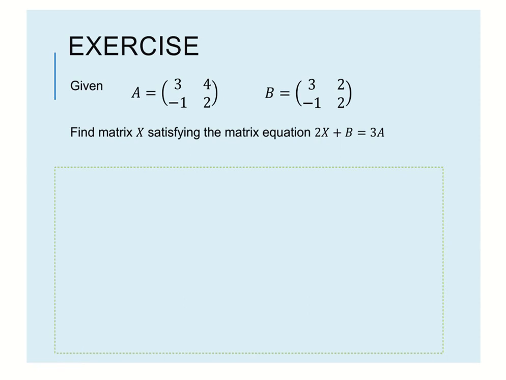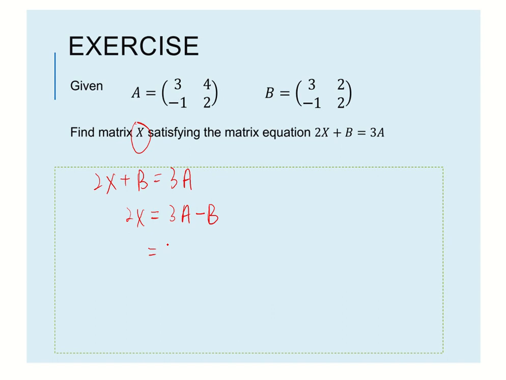So we want to find what the matrix X is. First we start with 2X plus B equals 3A. To find X, first we move the B to the right hand side. As usual, when we move the B, it becomes minus B.